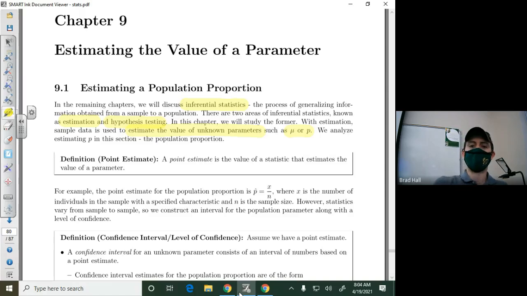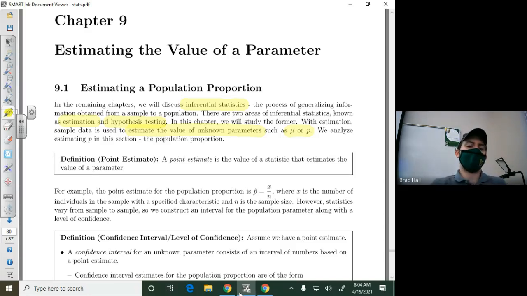That's the population mean and the population proportion symbolism that we've used throughout this class. But in this section in particular, we're going to look at the population proportion as represented by the section name. Next section, we'll look at population mean.